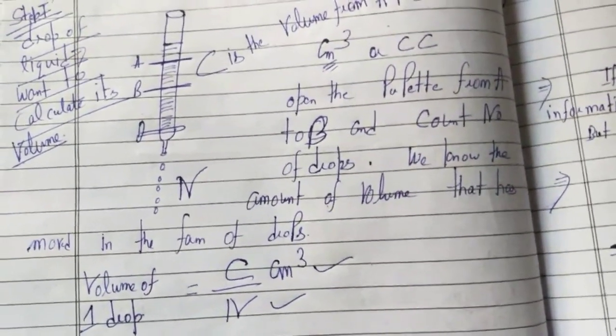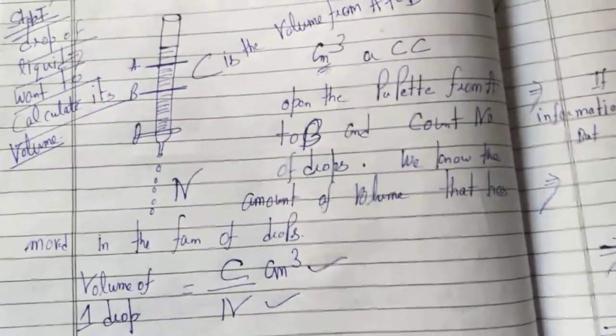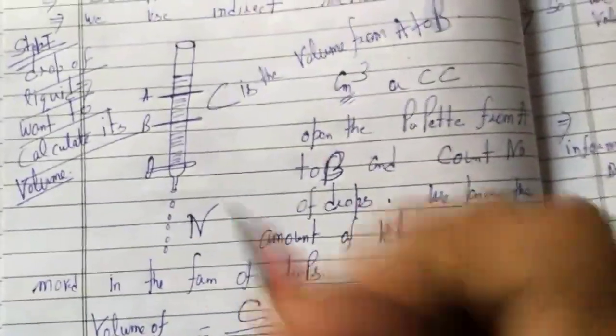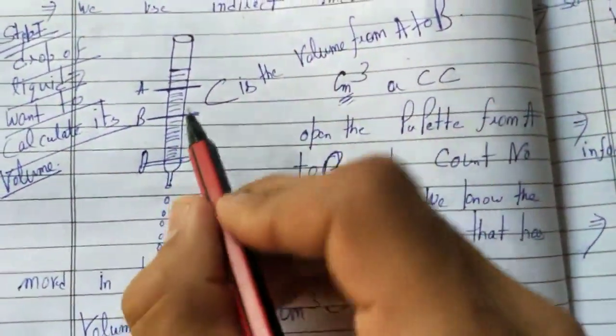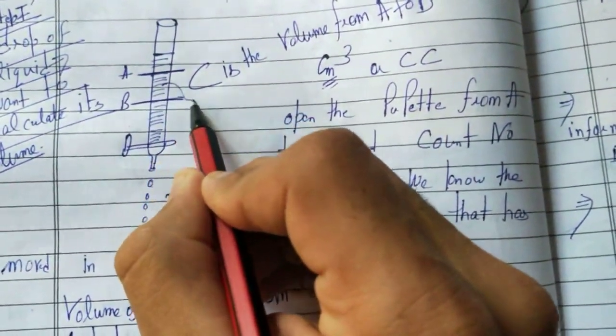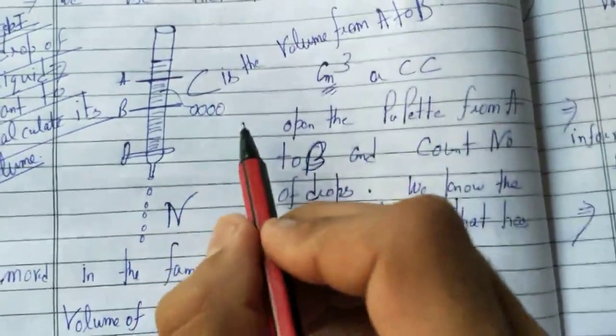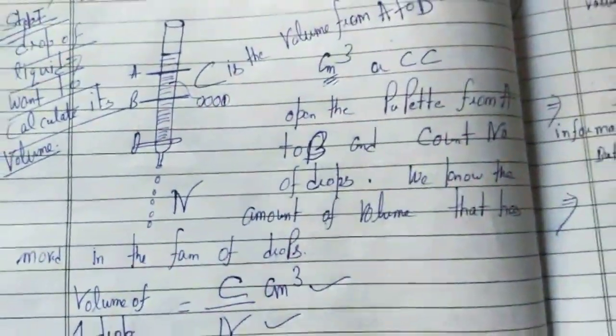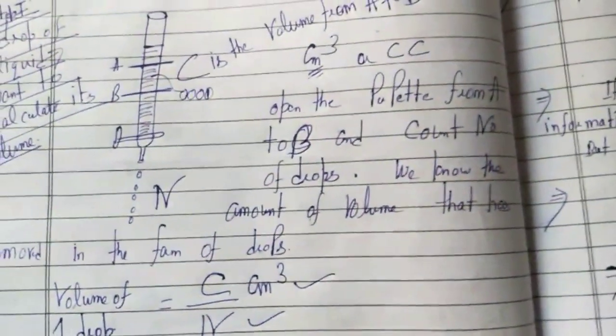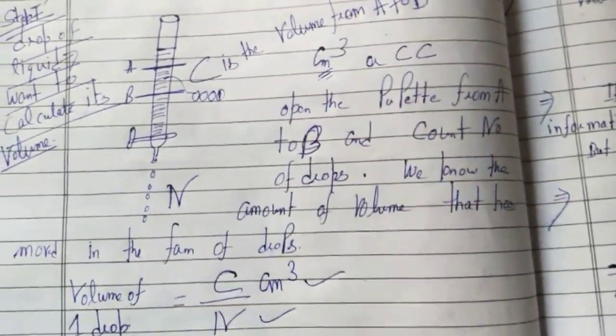Which liquid? The liquid whose molecule diameter we want to calculate. We have taken the liquid in this burette, and this liquid has so many molecules in it like this, and our target is to calculate the height of one molecule. For step number 1 you have to calculate the volume of one drop.